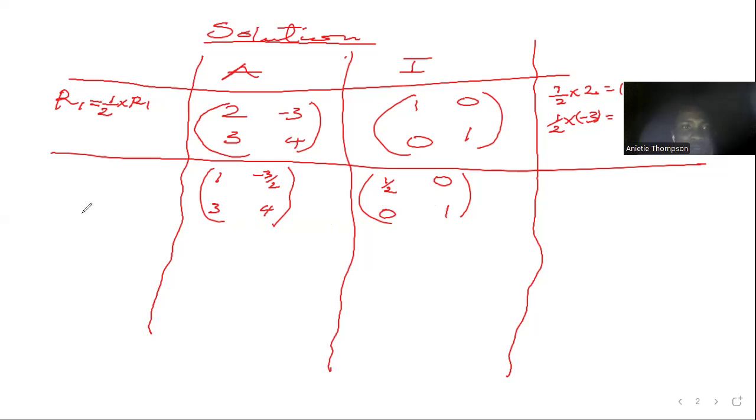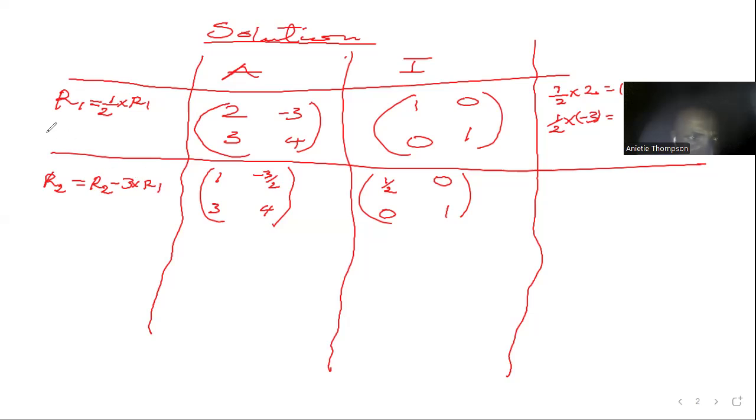All right. So the next thing, I'm going to deal with my row 2, just like I dealt with row 1. So row 2 equals row 2 minus 3 times row 1.